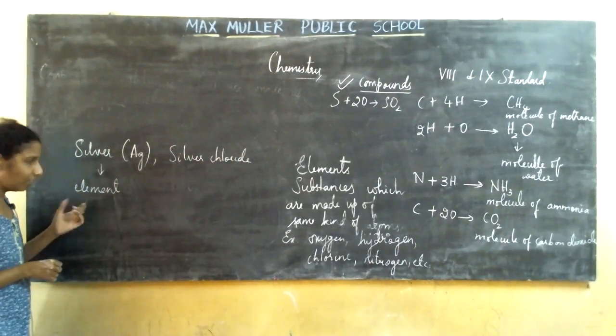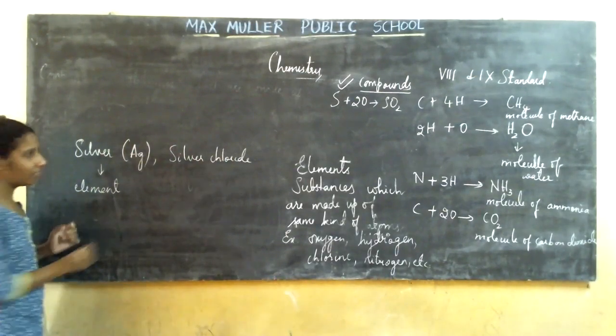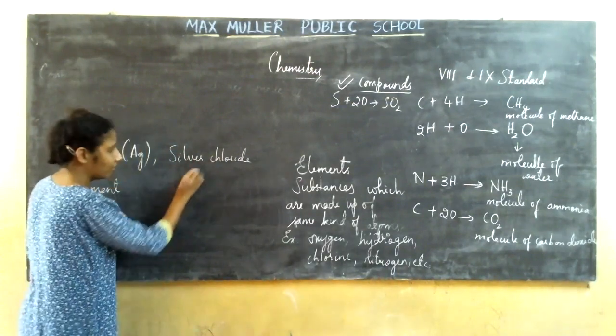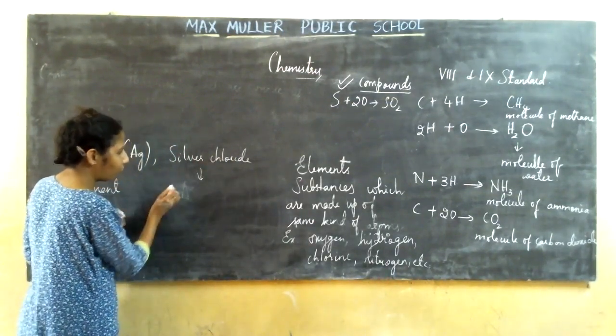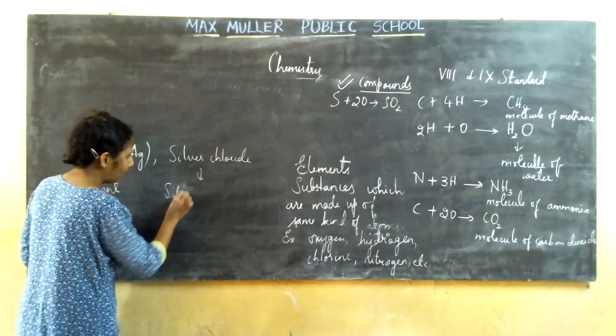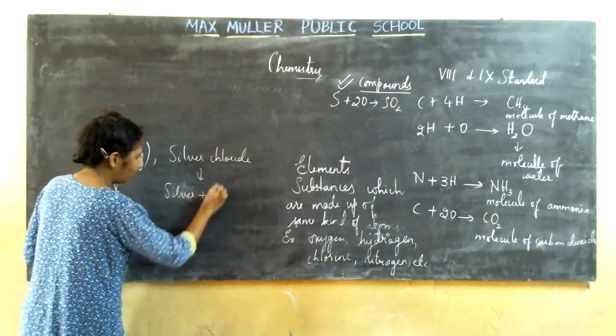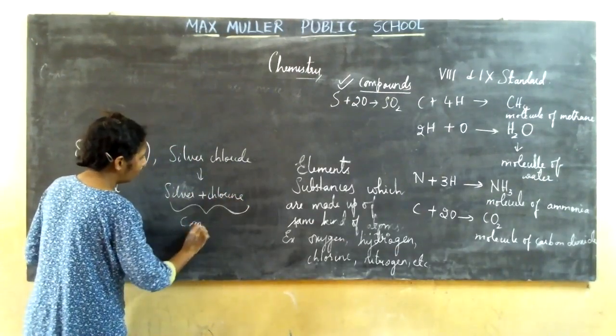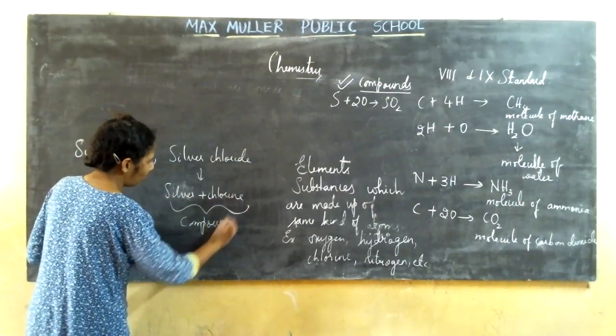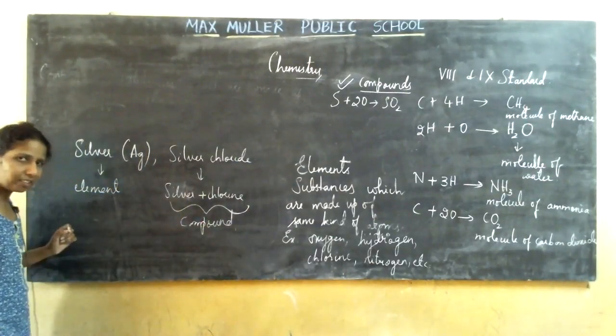Silver is a metal. It's an example of element. Whereas silver chloride, it is made up of two elements, silver and chlorine. So it is an example of compound. Did you people understand this?